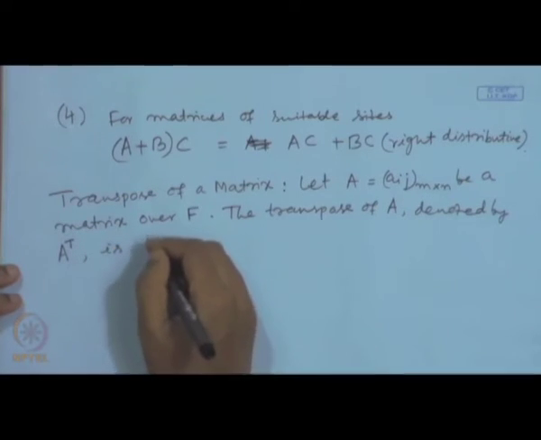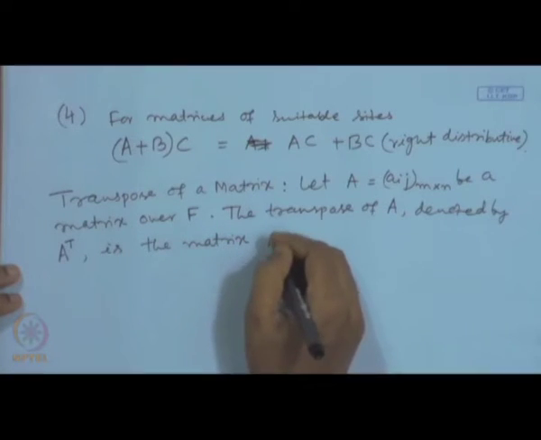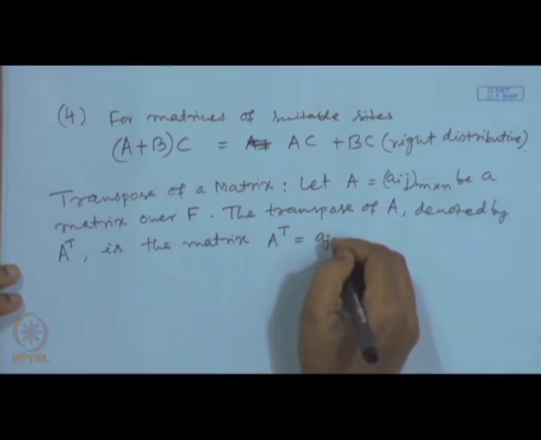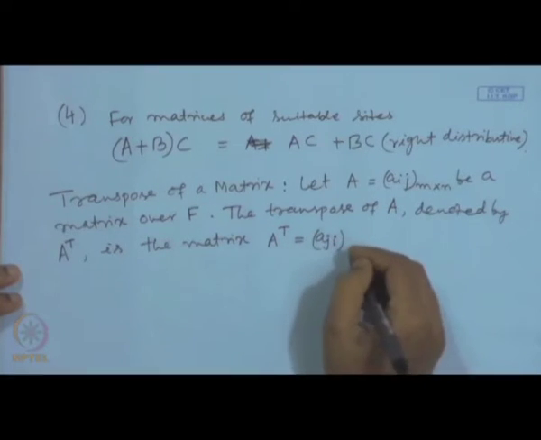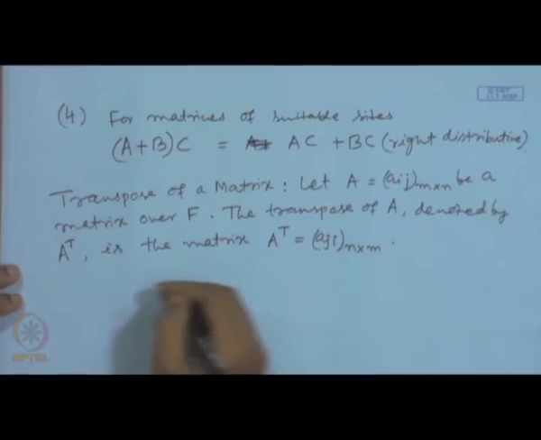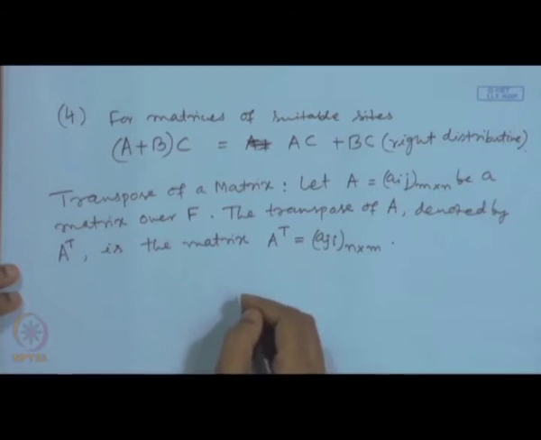The matrix A transpose has entries Aji and is of size n by m. In other words, we get the transpose of A by writing the rows of A as columns of A transpose, in order.